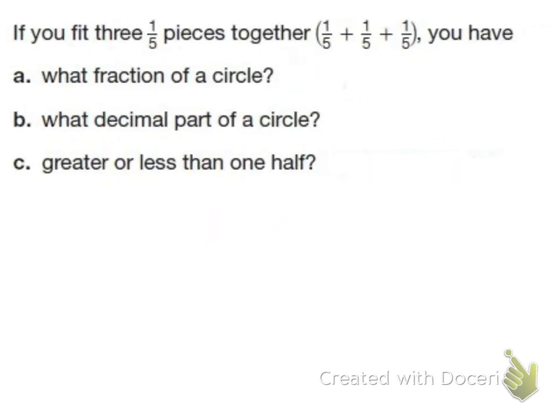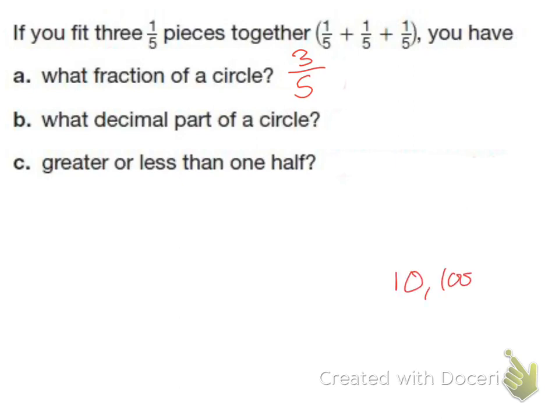If you fit 3 1/5 pieces together, you have what fraction of a circle? Well, 1/5 three times would be 3/5. What's the decimal part of the circle? Well, remember a decimal has to be a 10 or 100.